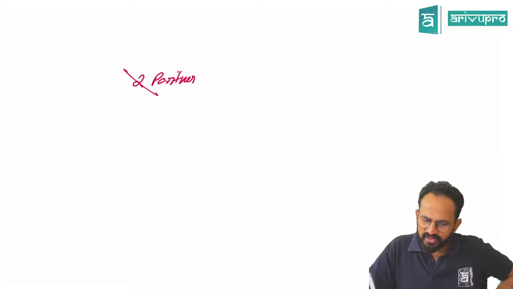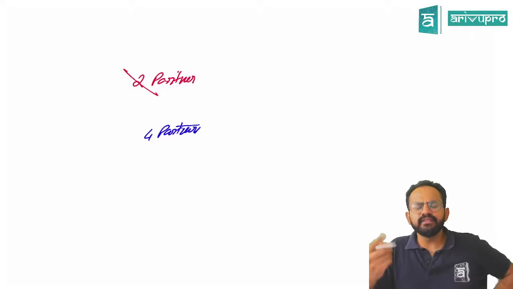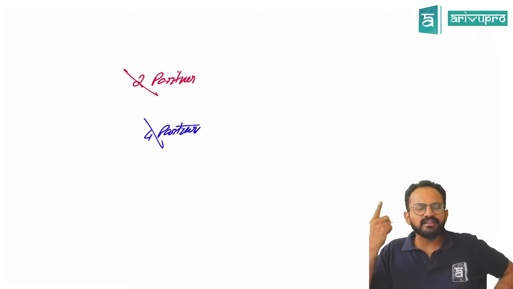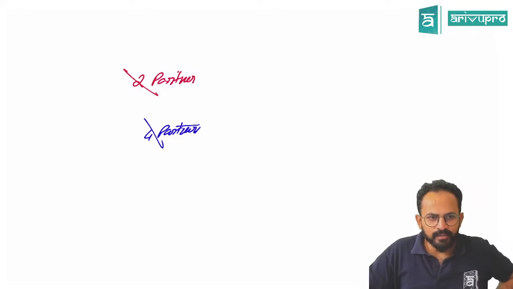All that we saw. Assume there are four partners and the agreement is silent. It doesn't say anything. Even then, if any partner dies, automatically the firm comes to a dissolution. This we saw. All of you remember or not? Now remember carefully.